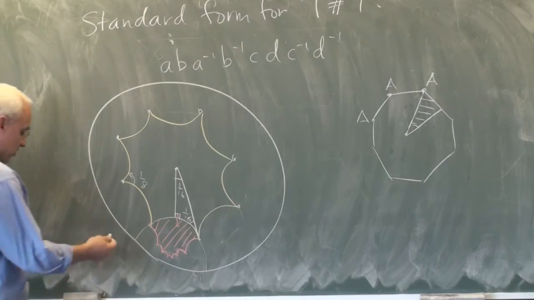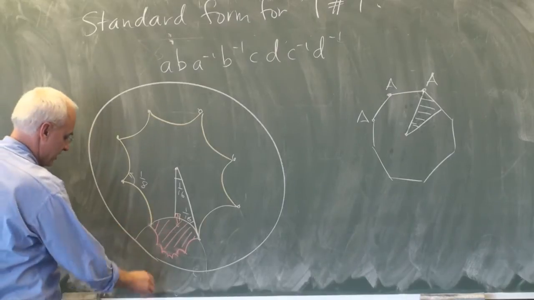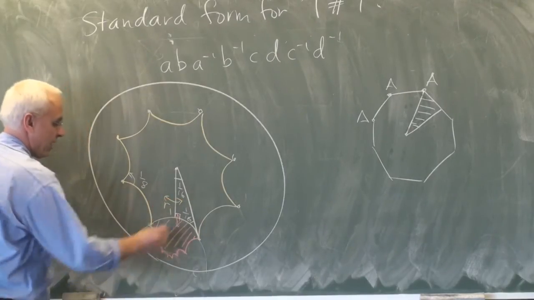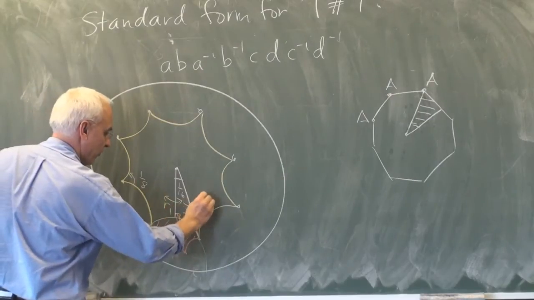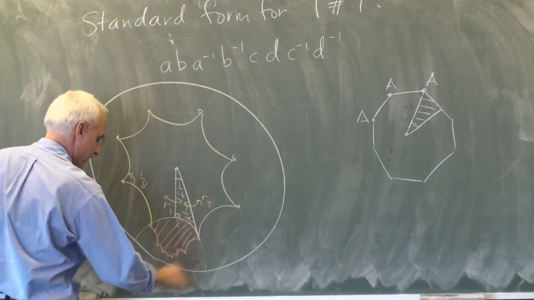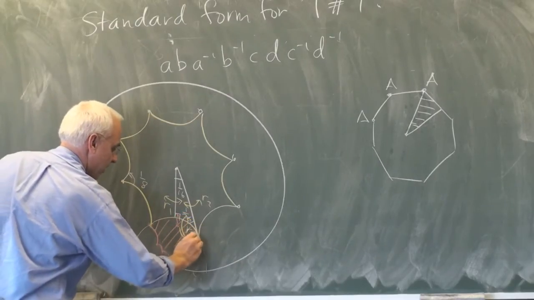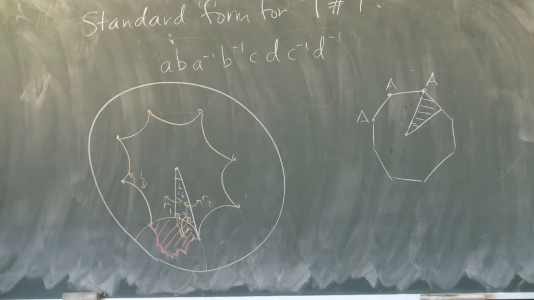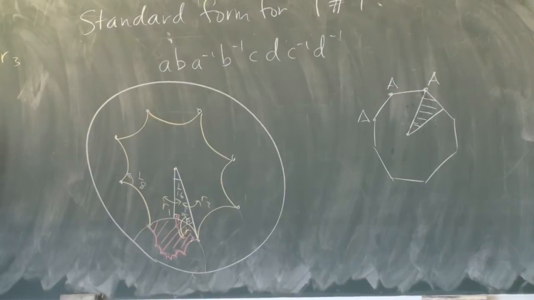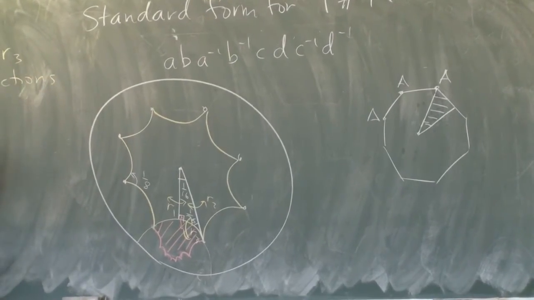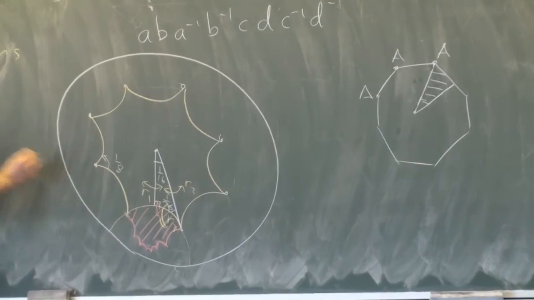Well, the reflections in its 3 sides are given some names. So if that reflection is called R1, and that reflection is called R2, and that reflection there is called R3, then R1, R2, R3 are reflections in this basic triangle.